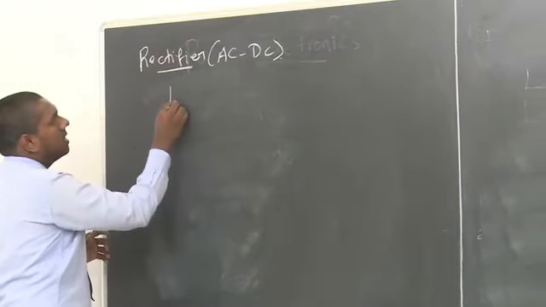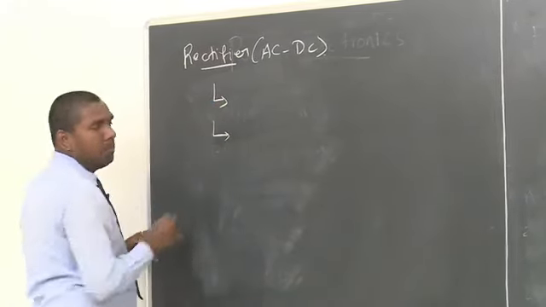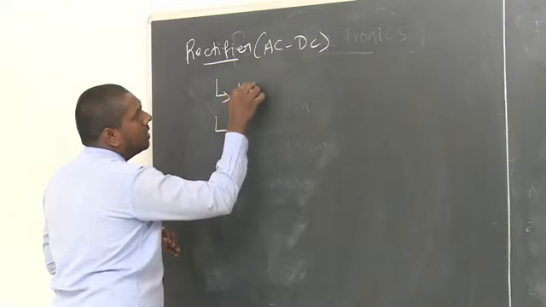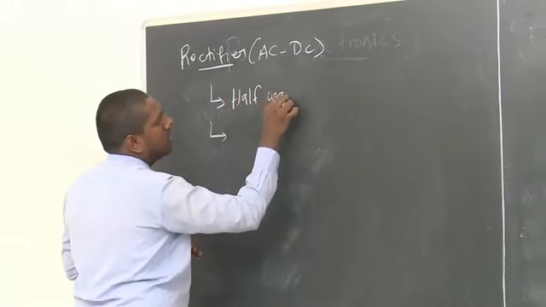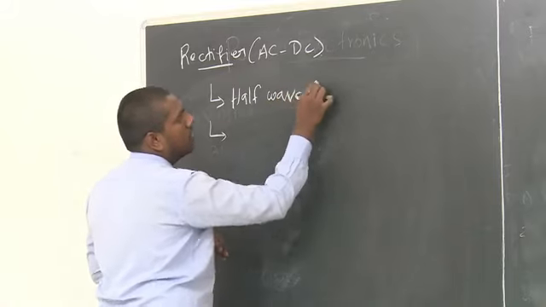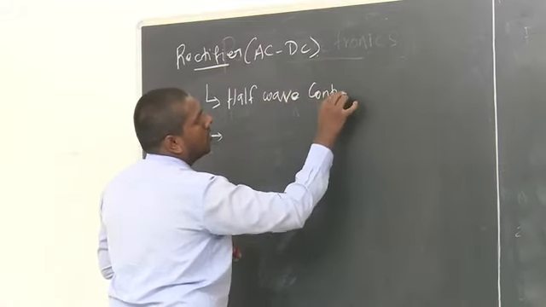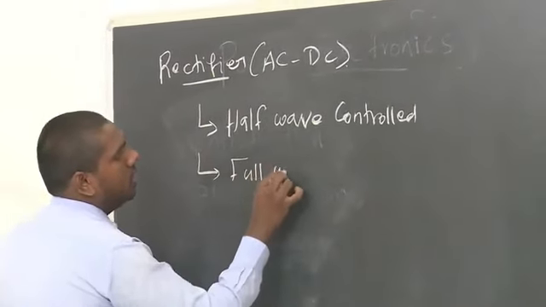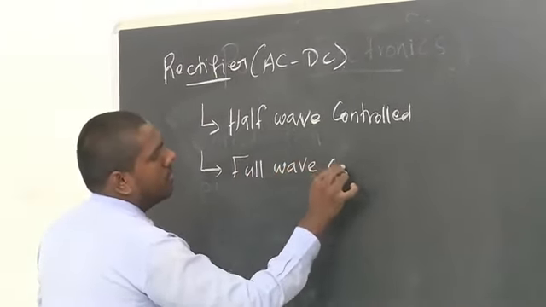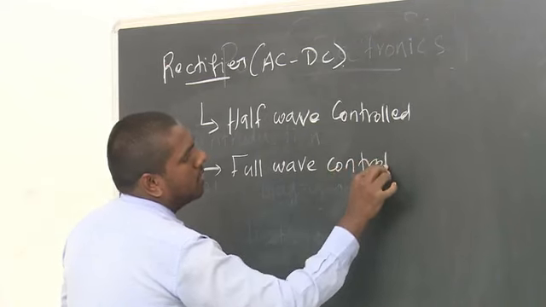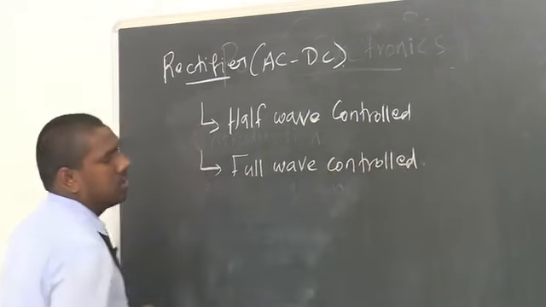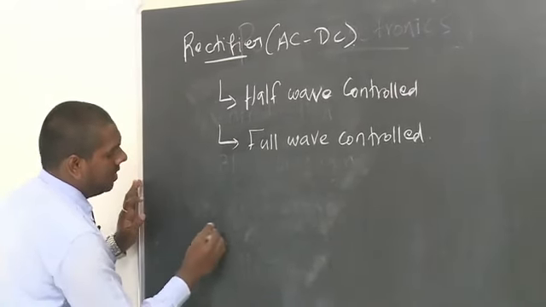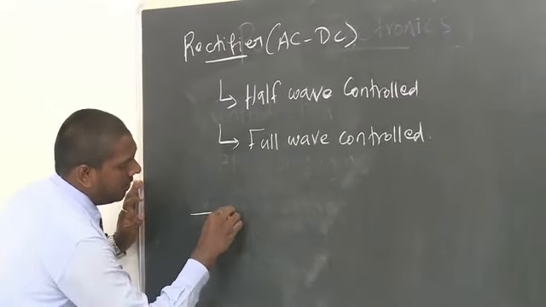Based on this, the rectifier is again classified as half wave controlled and full wave controlled. First we will see the half wave controlled rectifier. This is the circuit diagram for our half wave control.